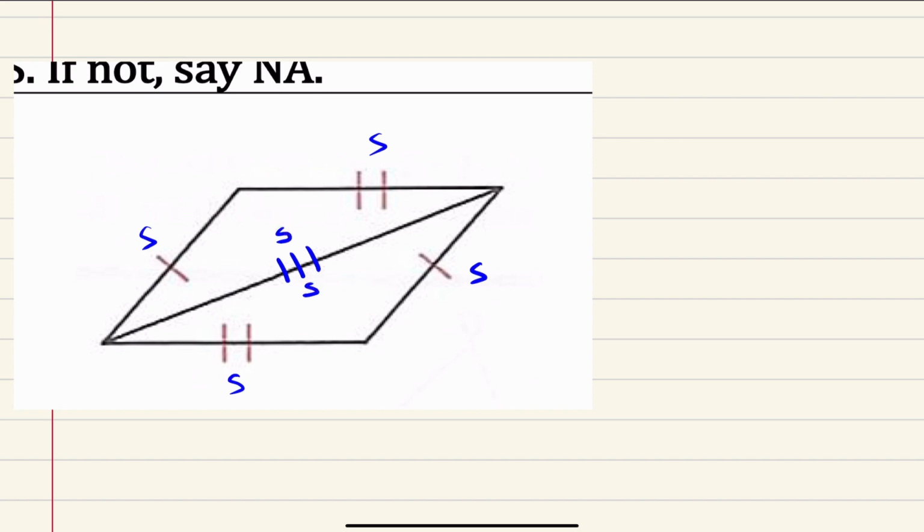Again, we're dealing with 2 triangles. So this S goes with this, and then this goes with this, right? And they share a side. So I have a side, side, side. And I started over here, right? So side, side, side. Both congruent by the side, side, side.